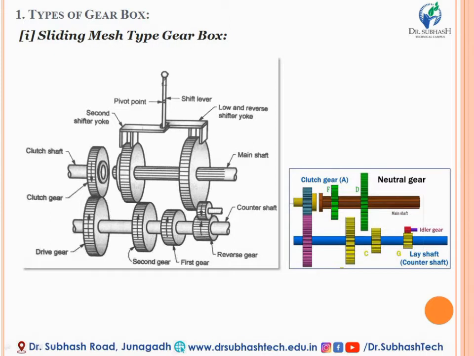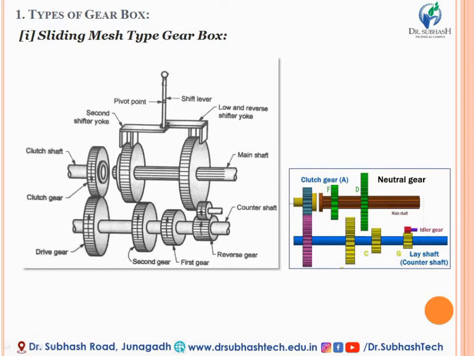As you see from the figure, three other gears are also rigidly fixed to the counter shaft, and they are the second, first and reverse speed gears. As I said earlier, we not only need to maintain high speed, but we frequently need to change the torque as well as the speed.